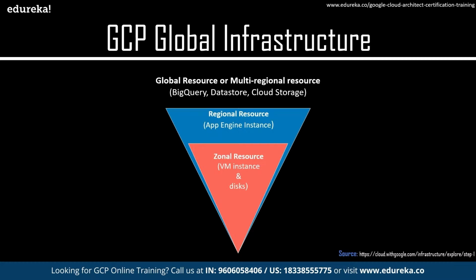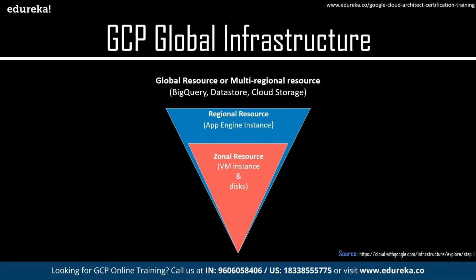I believe the basic idea is clear to you. As we understand these services, these edge locations and all those things will become clear. When you talk about AWS and Azure, they too have a similar approach where they have availability zones and regions. Availability zones in their case are nothing but their data centers, and their regions are their geographical locations.